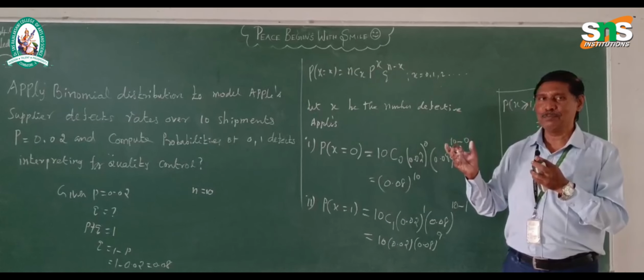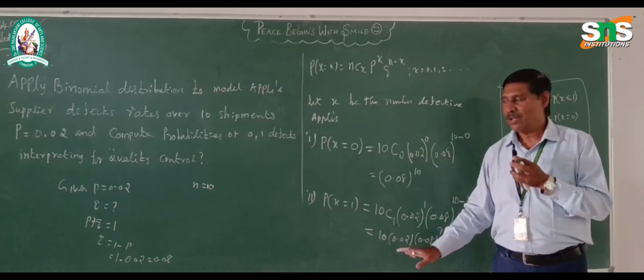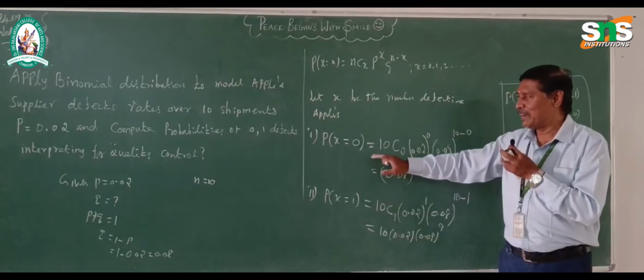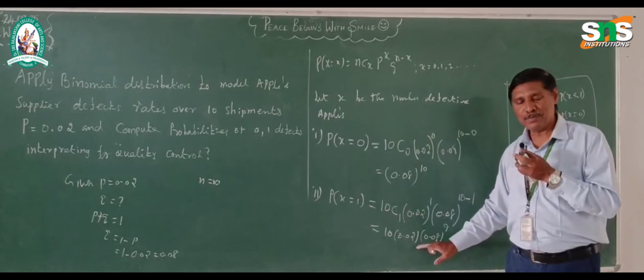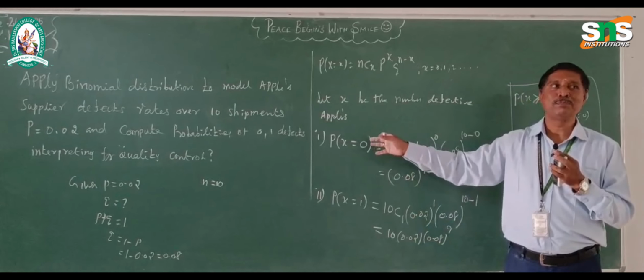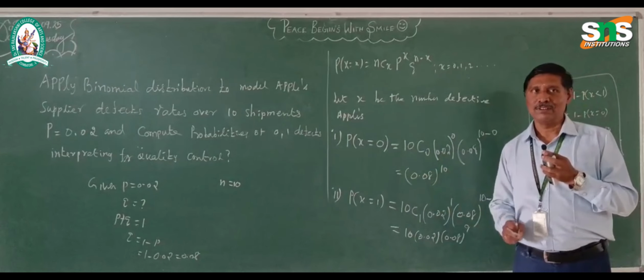Therefore, out of the 10 segments, definitely we have some defect possibility there. Therefore, by our conclusions, there is a probability of no defective, and there is a probability of one defective. Therefore, out of 10 segments, there is definitely a possibility of a defective. Okay, that's all. Thank you.